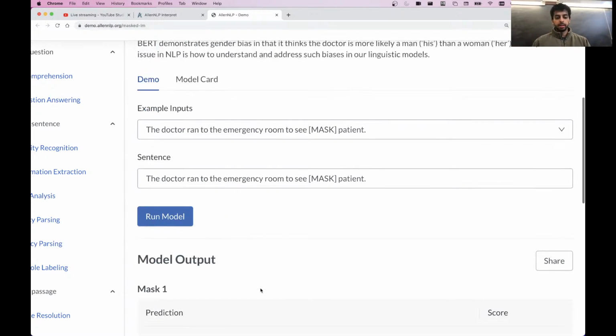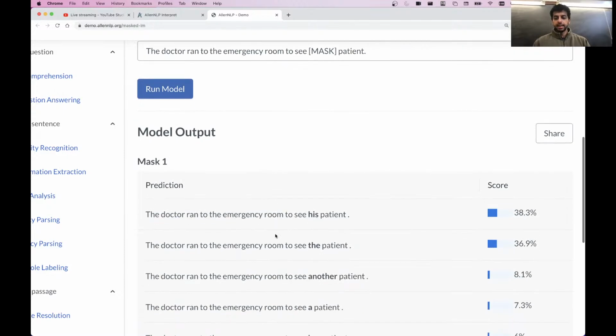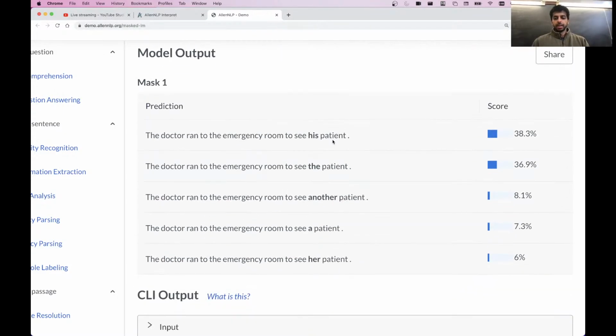So if I run the model, you can see that, first of all, this sentence is a good representation of the gender bias that is encoded in these models. You can see that "his" has a probability of 38%, "the" patient is 37%, "her" patient is only 6%. But this you can just observe by looking at the probability distributions.